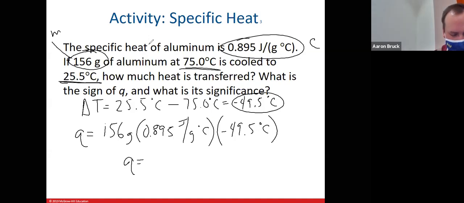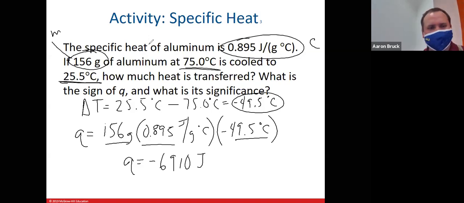I get a Q value, 156 times 0.895 times negative 49.5. To three significant figures again, I have 3 in my mass, 3 in my temperature, and 3 in my specific heat. Negative 6,910 joules is my correct answer.